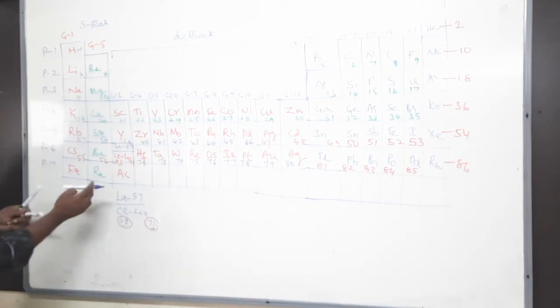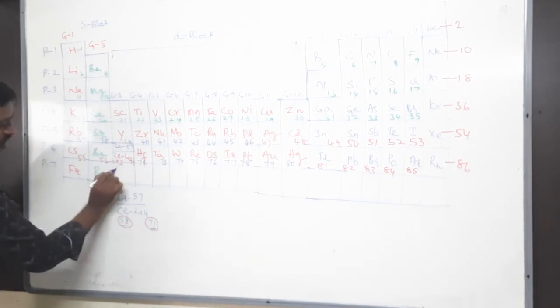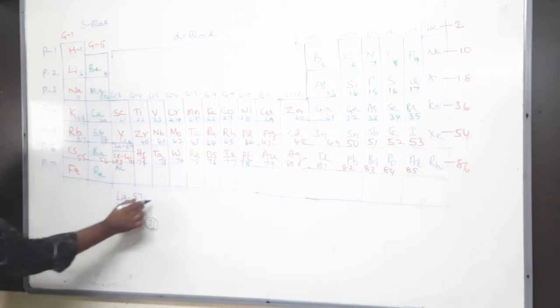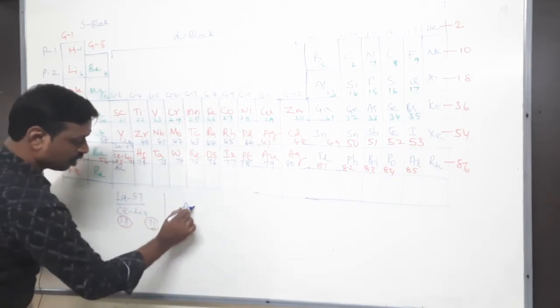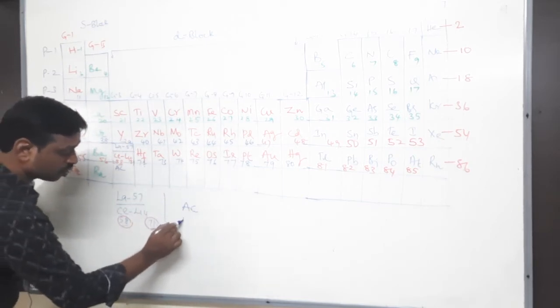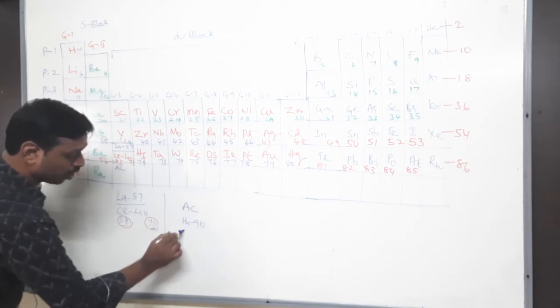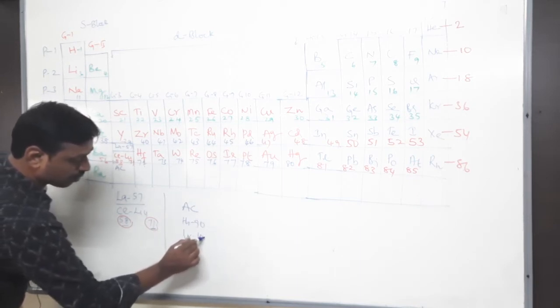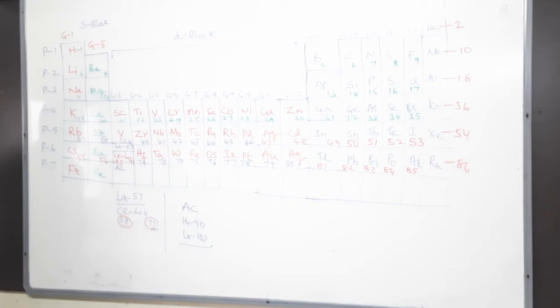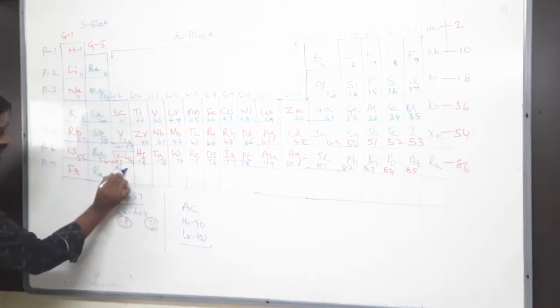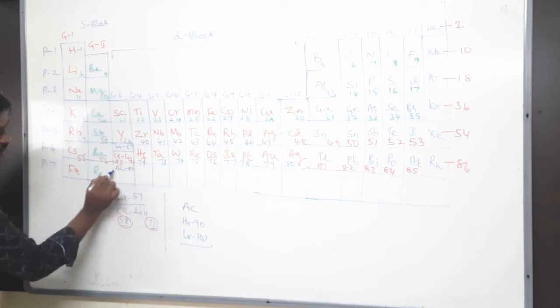Actinoids come after actinium. There is actinium here. After actinium, there are again a total of 14 elements, thorium 92 to lawrencium 103. Right? The atomic number of actinium is 89.